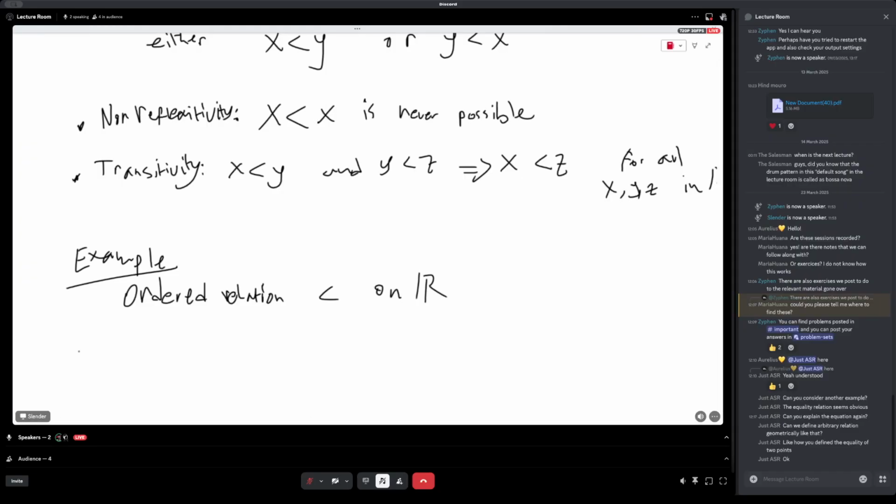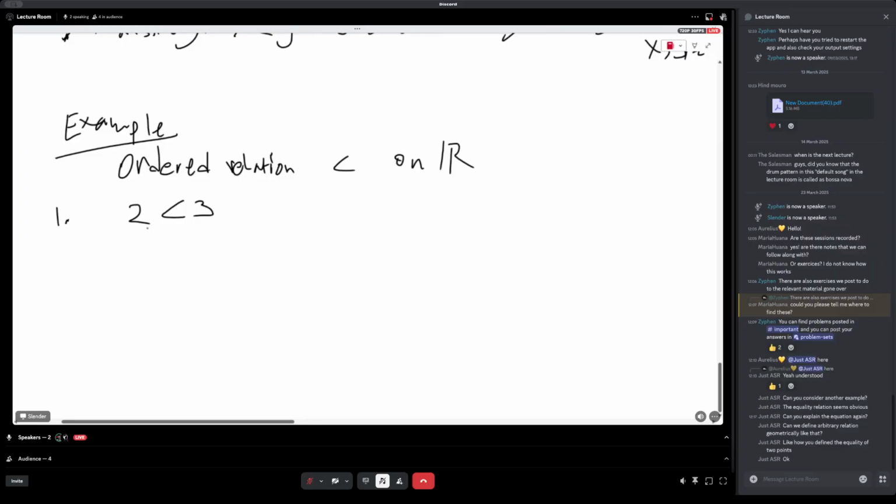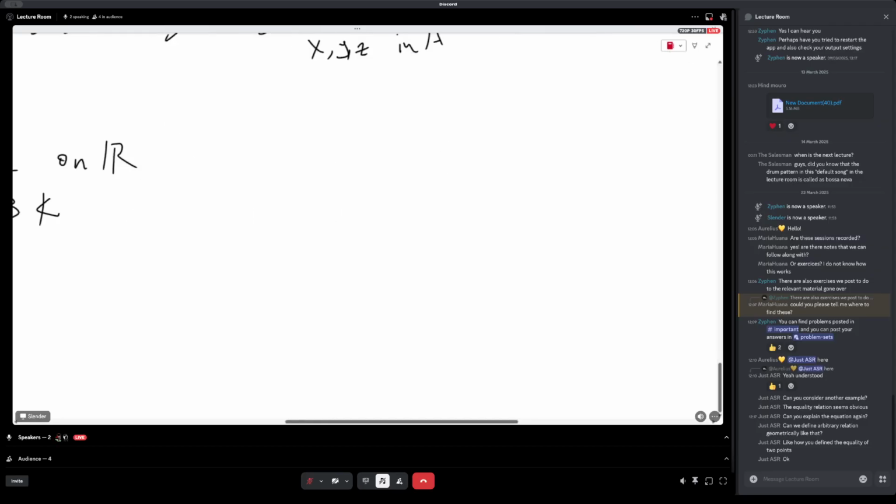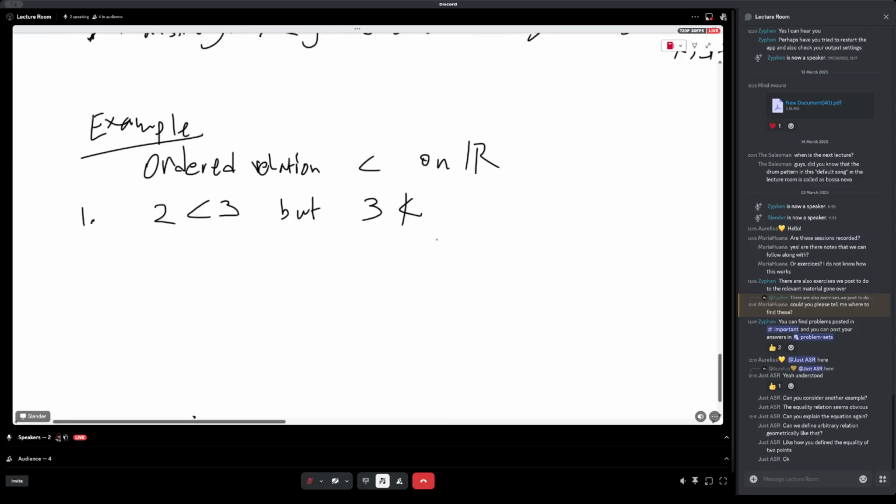For comparability, 2 is less than 3, but 3 is not less than 2. We put this kind of cutting mark to show that it's not less than 2.